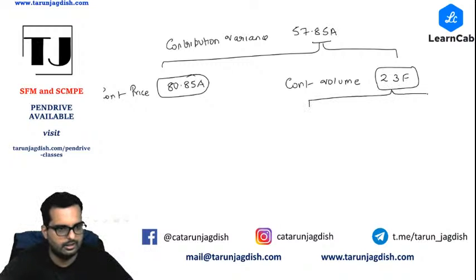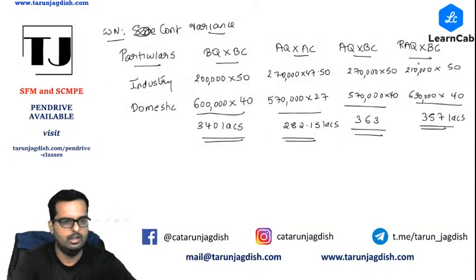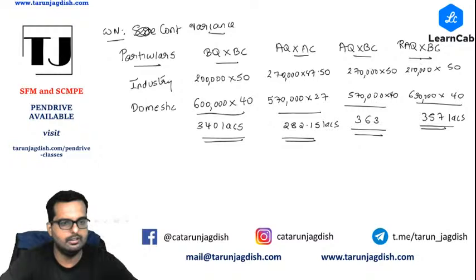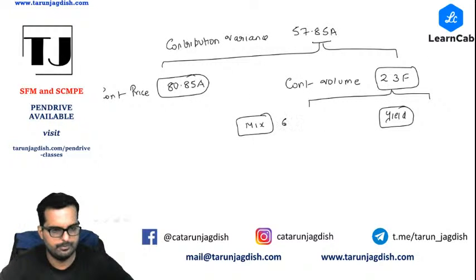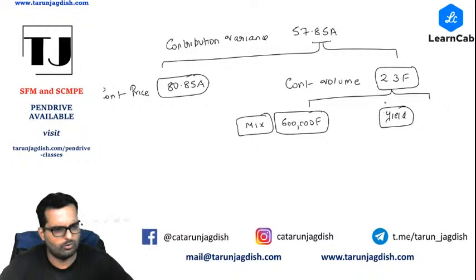Inside this we have another two things. What are the two things that we have over here? One is we are having mix variance and we call it as yield variance. Okay. Now tell me, how much is the mix variance that we are getting over here? Is it 357 minus 363? It is 6 lakh favorable. And what about the yield, or some people call it as the quantity variance?